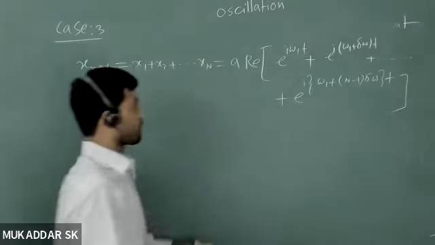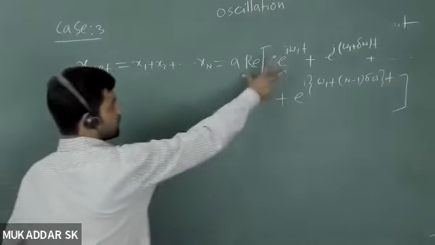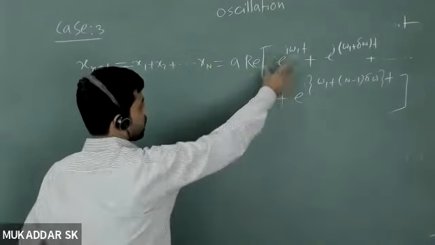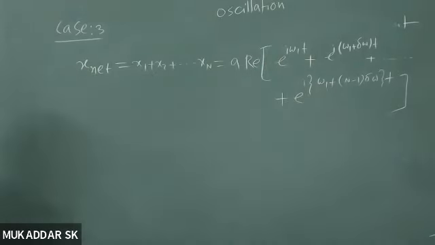So this is your series. I have done nothing, because this is nothing but your x1, x2, x3, and so on. I have just added them, so I get this kind of scenario.